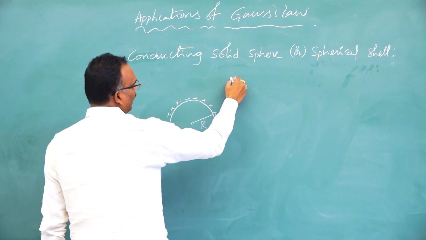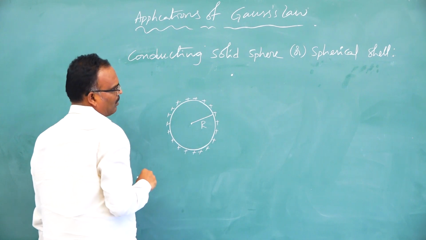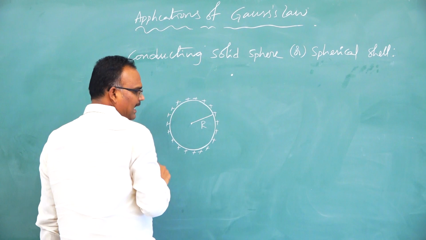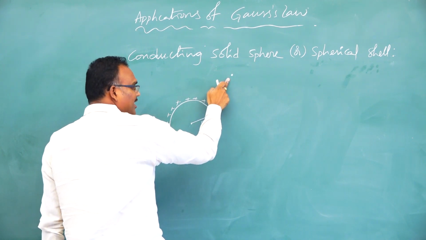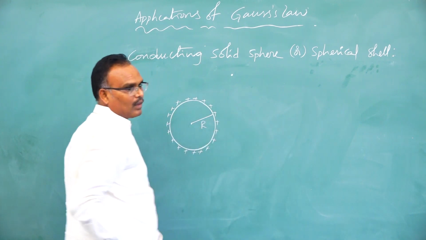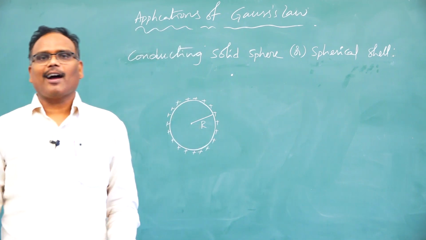For example, I want to calculate the electric field here. See, on which point you have to calculate the electric field, you need to draw a Gaussian surface passing through that point. We need to draw a Gaussian surface now. Why? Because we are applying Gauss's law.